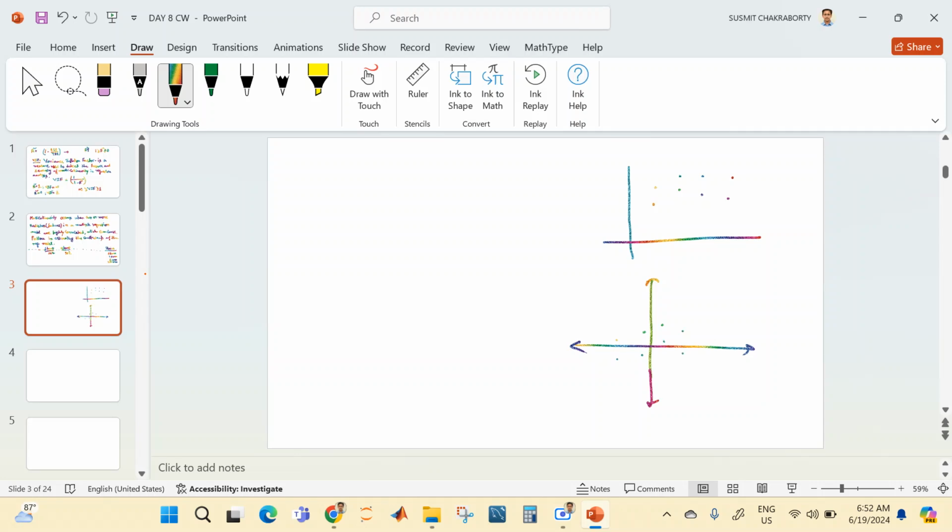You can find the same pattern here and here. The pattern remains the same, only the data set is now present around the center. So this is the concept of centered data.